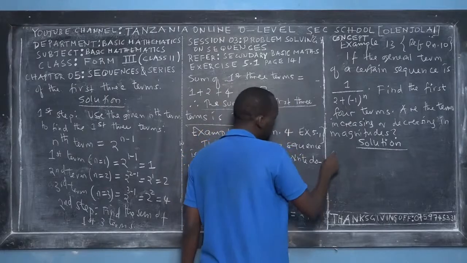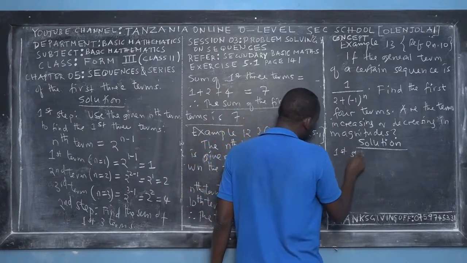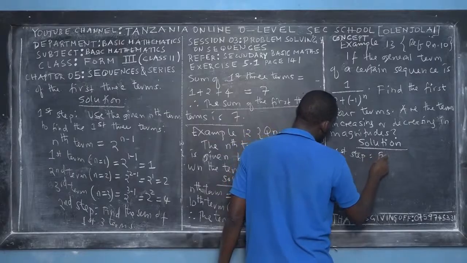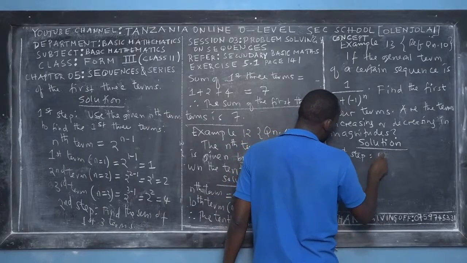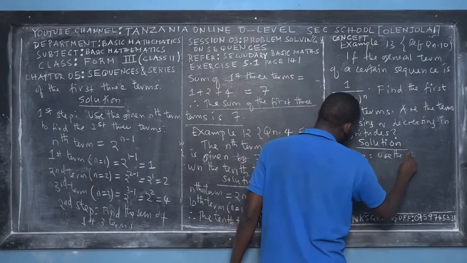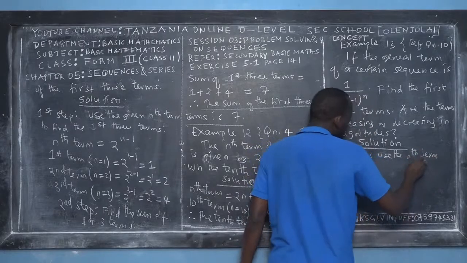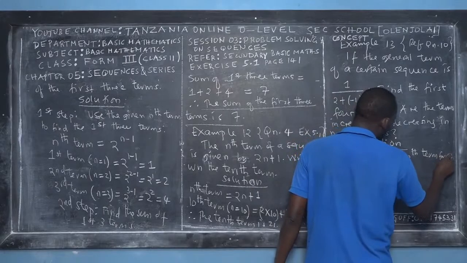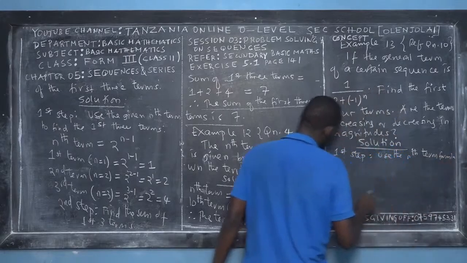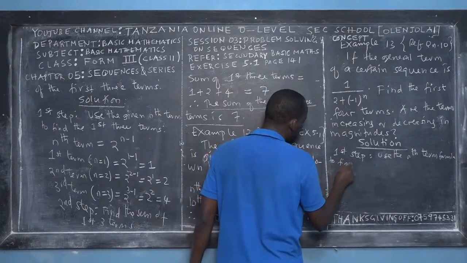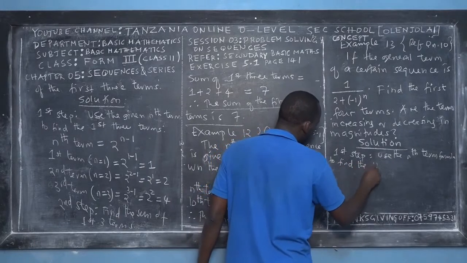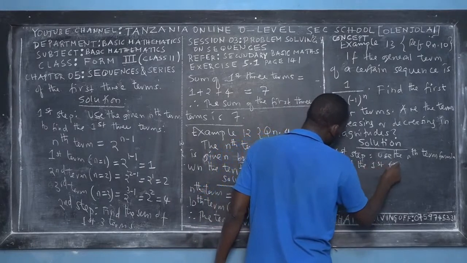So the first step for this case, we say that let us use the nth term formula. Find the first 4 terms.